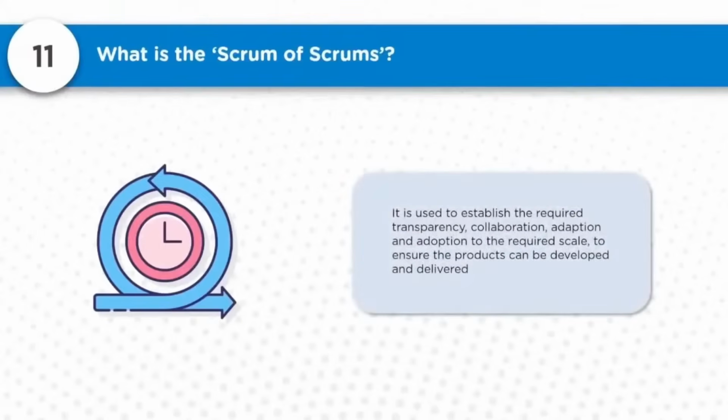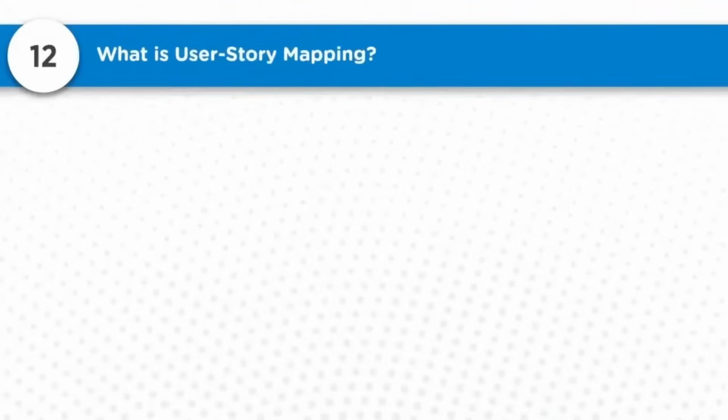It is used to establish the required transparency, collaboration and adaptation at scale to ensure the products can be developed and delivered. Whatever products are delivered need to focus on the business objectives, which is very essential.